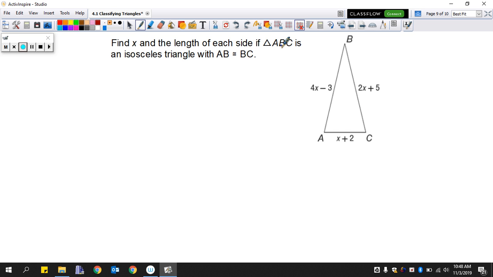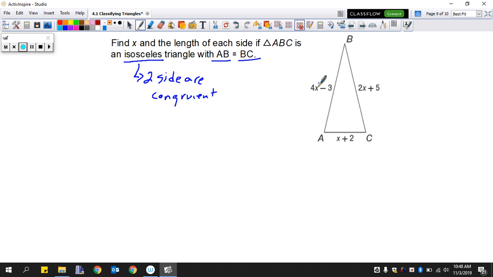Well, what we're going to do is say 4x minus 3 is equal to 2x plus 5. Let's solve for x. So we go minus 2x, minus 2x. The x's cancel out on the right-hand side. If we simplify, 4x minus 2x is 2x.